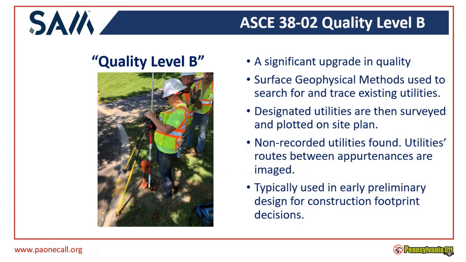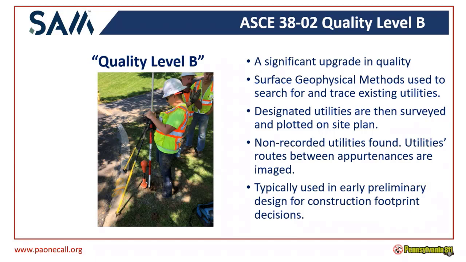They will take geophysical equipment and put signals onto all the underground utilities, and they'll physically designate it out on the surface to connect everything between structures, valves, hydrants, anything like that. But it also will be surveyed in with survey grade accuracy. So then you can import that into your plans to show a better idea of exactly where the horizontal location of this line is.